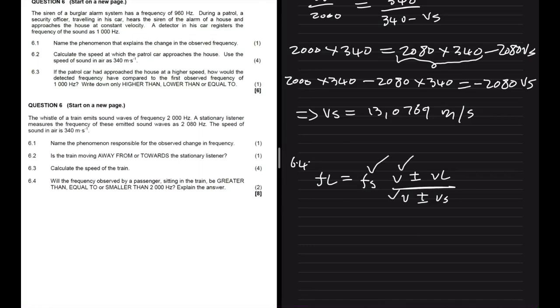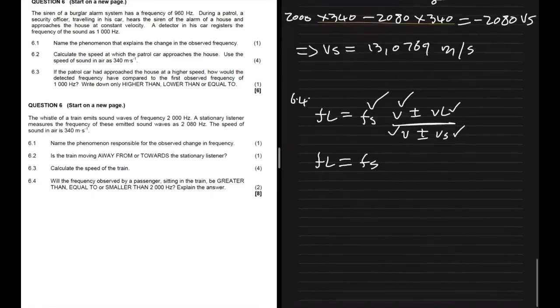Because we're talking about the passenger in the train, V passenger is the same as VS. So what we have on the numerator equals what we have on the denominator, and this just cancels out. We're left with FL equals FS. So the answer here would be equal to.